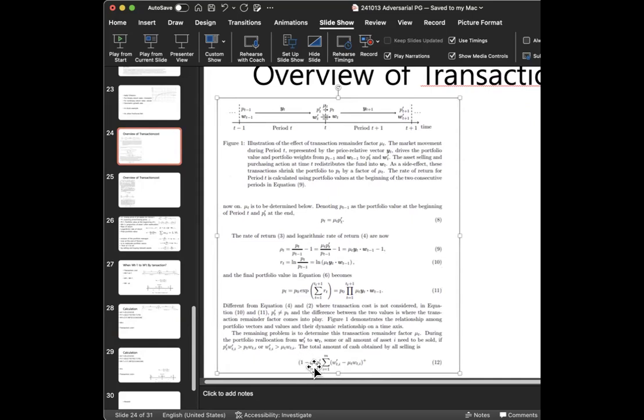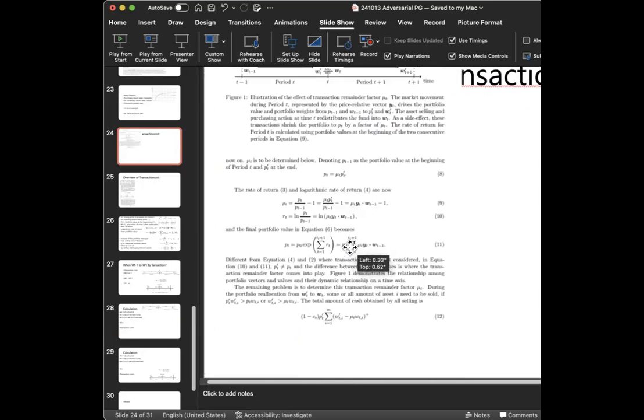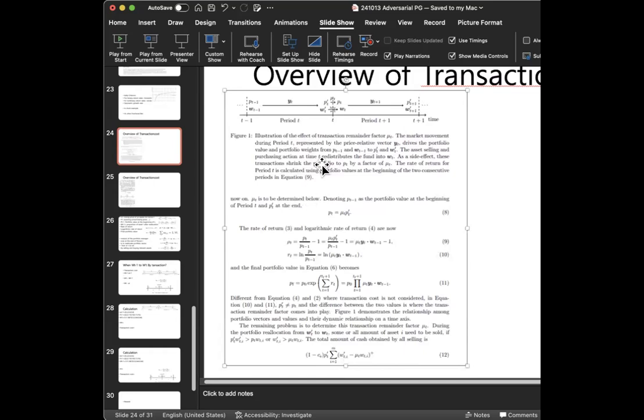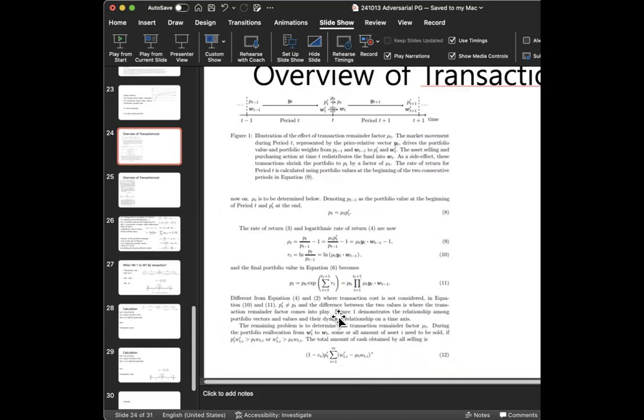So they already minus some commission rate, but also calculate the difference between W prime T,I, the ending of period T, to W_T,I, which is the start of period T plus one, with the U_T. U_T is a vector which represents the side effect, that transactions shrink the portfolio.